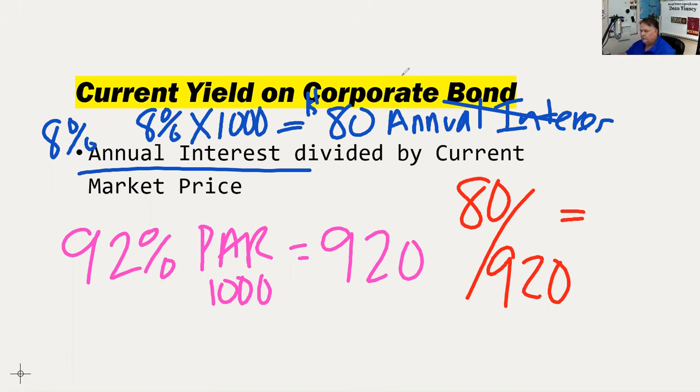By the way, I suggest you get a simple function calculator when you're practicing. 80 divided by 920 is 8.6, 8.7. On your exam, it won't be the difference between getting it right, 8.6 or 8.7. Pick whatever approximates your LED display.